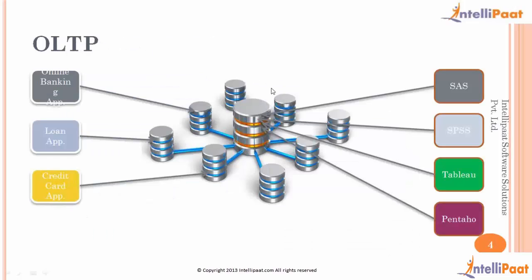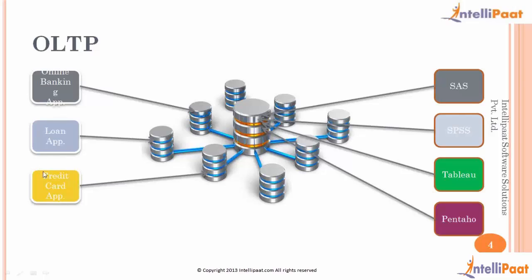All right. So the same thing I was explaining. Let's say you have your OLTP system, and already some applications like banking, loan, credit card, insurance, or whatever application is there, are attached to the database. Now, on top of this, if you wanted to perform some analytical or reporting activity through some tool, these tools will degrade the performance of your database, because applications are already attached, and these are online real-time applications.